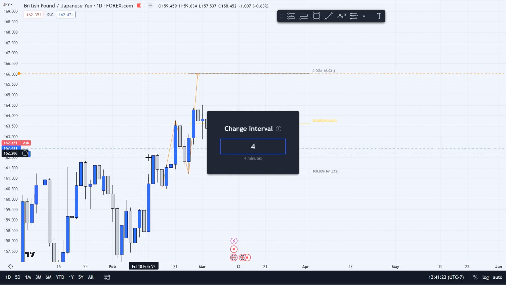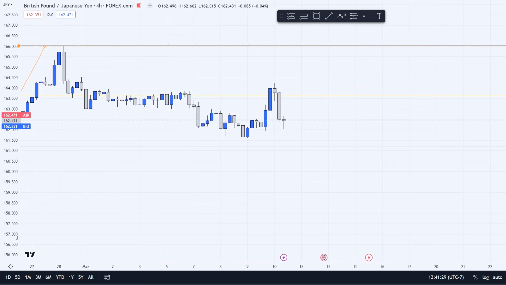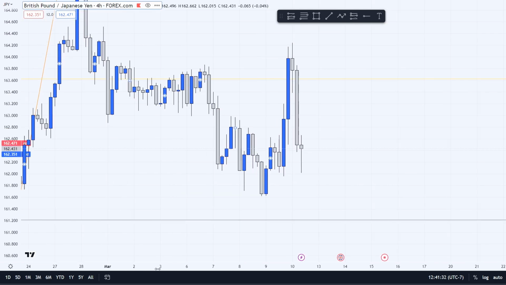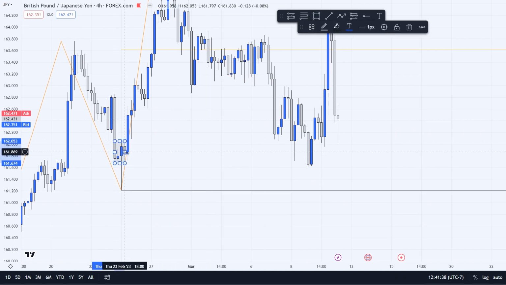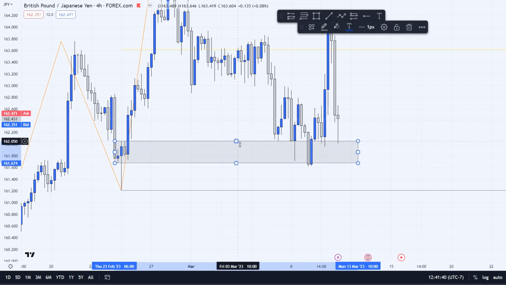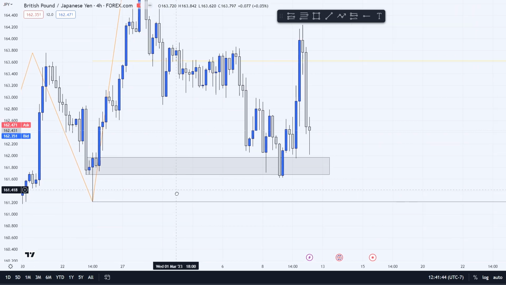So, 4 hour. All right, so the zone that I use, like this zone right here, this little mini consolidation, you know what I'm saying?